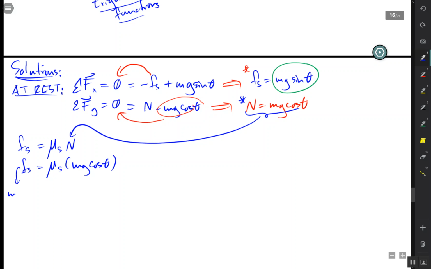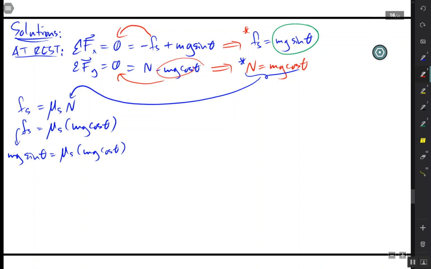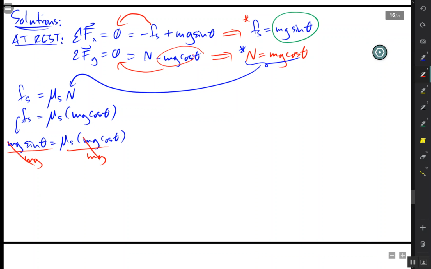This becomes... now this is interesting, because we were given the mass, but will we even need it? Two things we don't actually need in here: mg. And it comes to a very nice equation: sine theta equals mu s cosine theta.